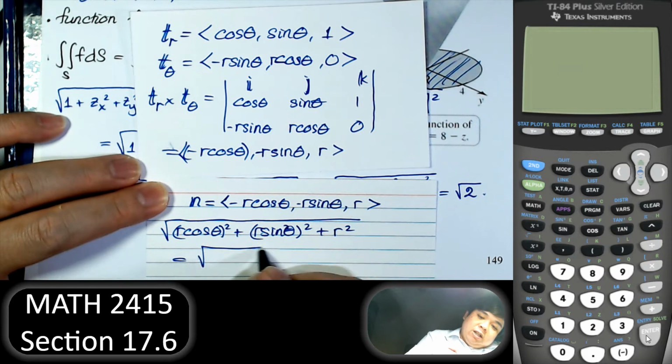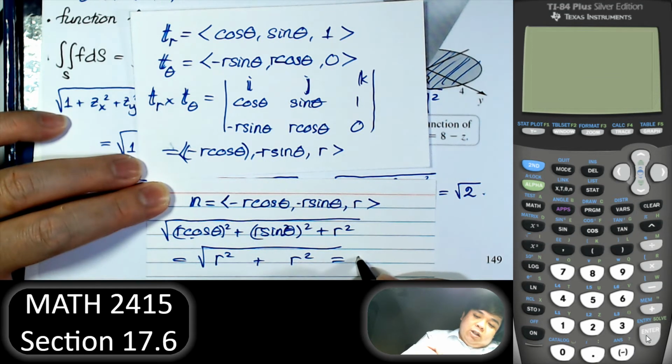Bottom line, cosine square plus sine square is 1, so we have r square plus r square, which is 2r square, so we have square root of 2 times r.